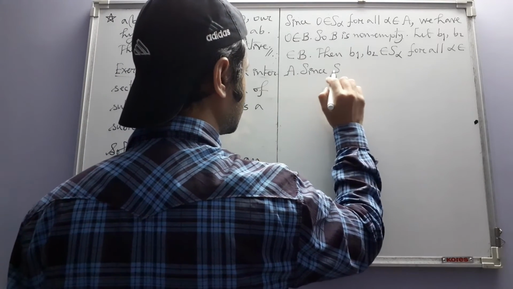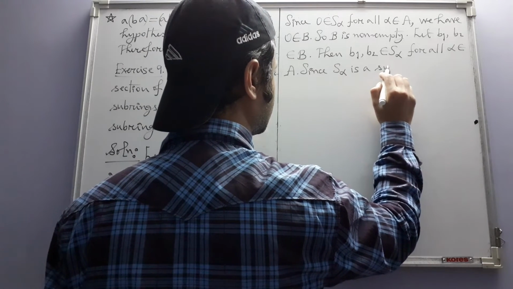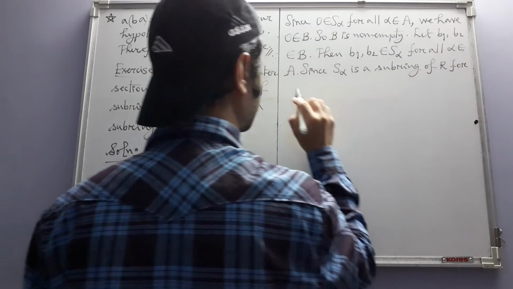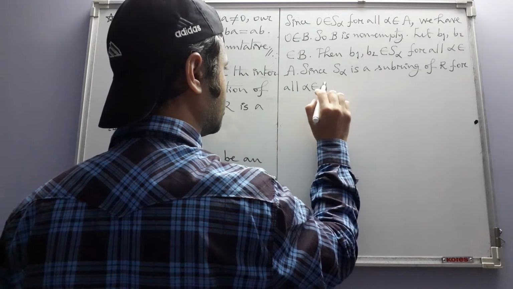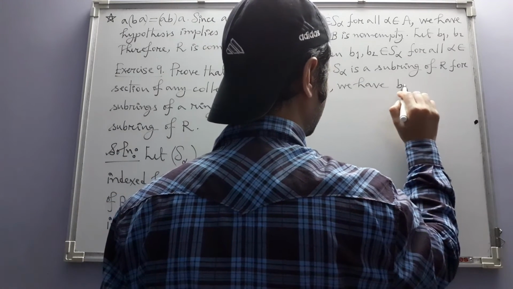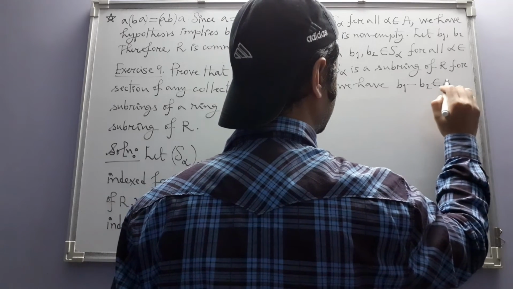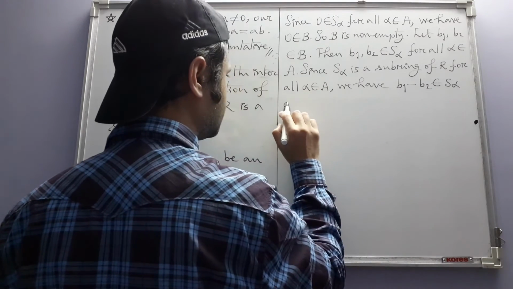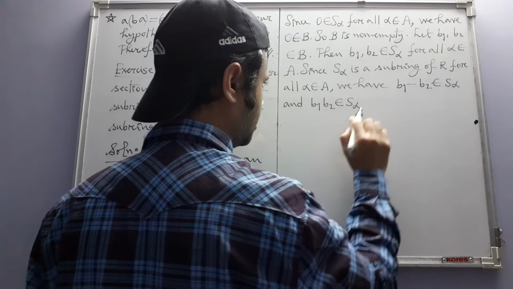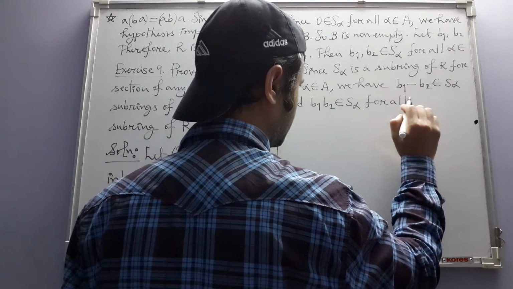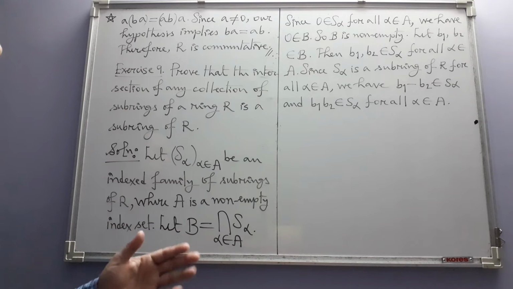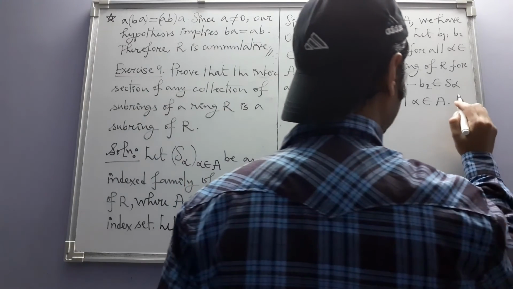Since S alpha is a subring of R for all alpha belonging to A, we have B1 minus B2 belonging to S alpha and B1 B2 also belonging to S alpha for all alpha belonging to A. Okay, this is because each S alpha is a subring.